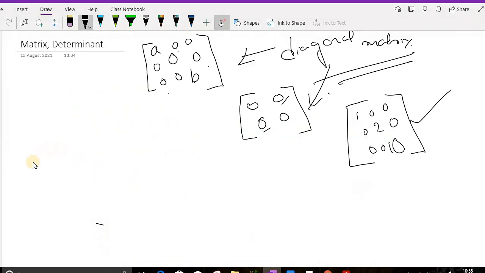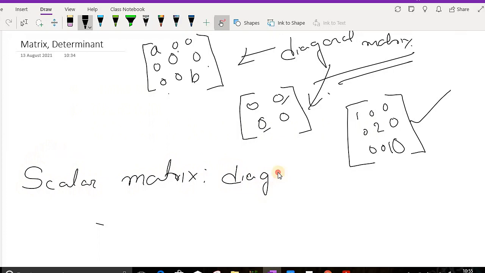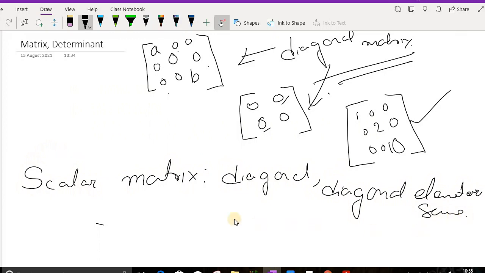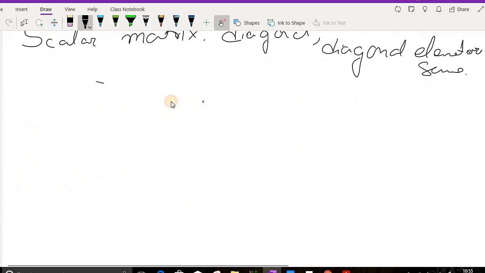So a scalar matrix is first a diagonal matrix, and the diagonal elements are the same.